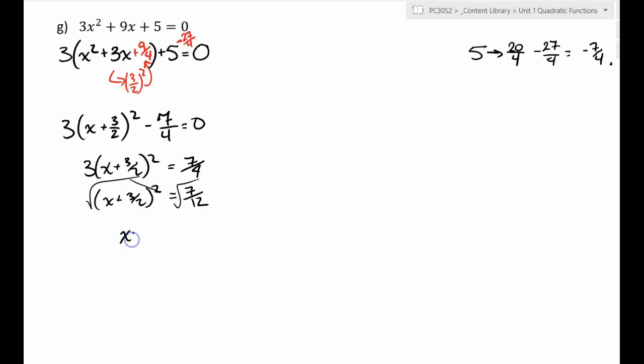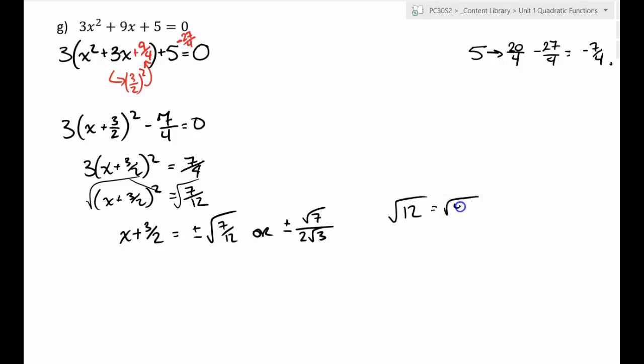Again, you do not have to simplify any of this, but you can. So you're either going to be dealing with plus or minus the square root of 7/12, or plus or minus root 7 over 2√3. Either one is totally fine. Where that denominator is coming from is the fact that 12 can be broken down into √4 and √3, and this can be simplified to 2.